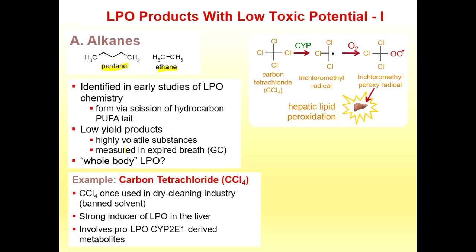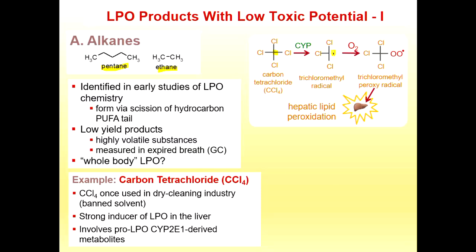And what goes on with this molecule is that it undergoes oxidative metabolism by cytochrome P450 2E1. So carbon tetrachloride, as the name suggests, is a very simple molecule, just one carbon with 4 chlorines attached to it. Pretty stable chemically, but it does undergo oxidation by cytochrome P450, and it breaks one of those chlorine-carbon bonds and generates what we call a trichloromethyl radical.